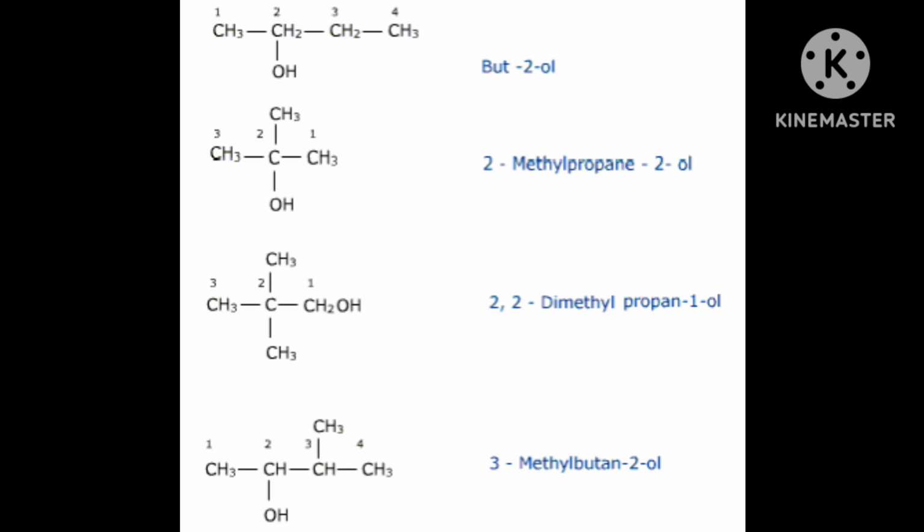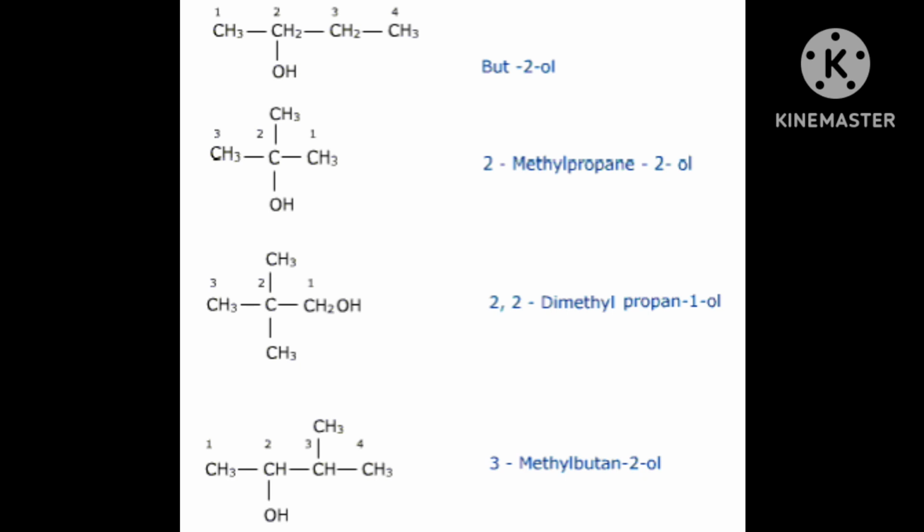At carbon number 3, 2 groups are attached. Which group is attached? Ethyl groups are attached at carbon 3.